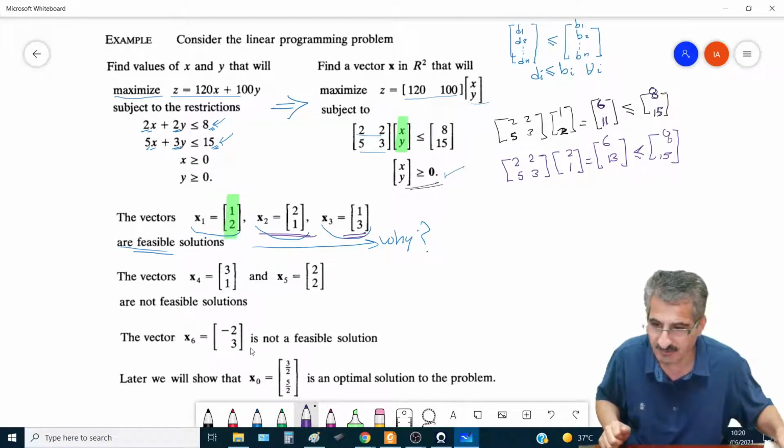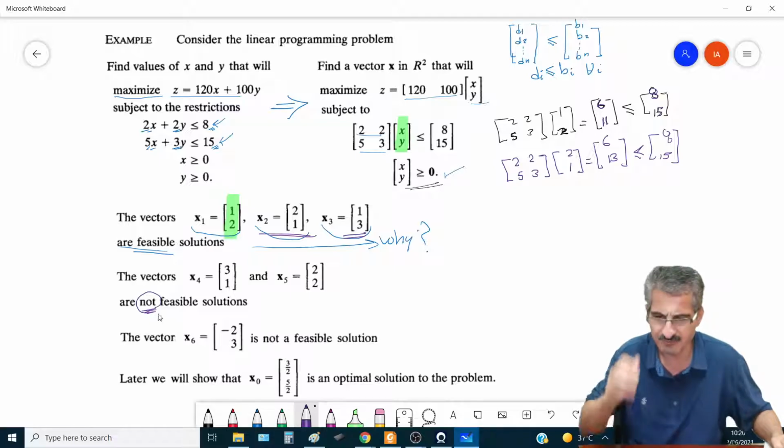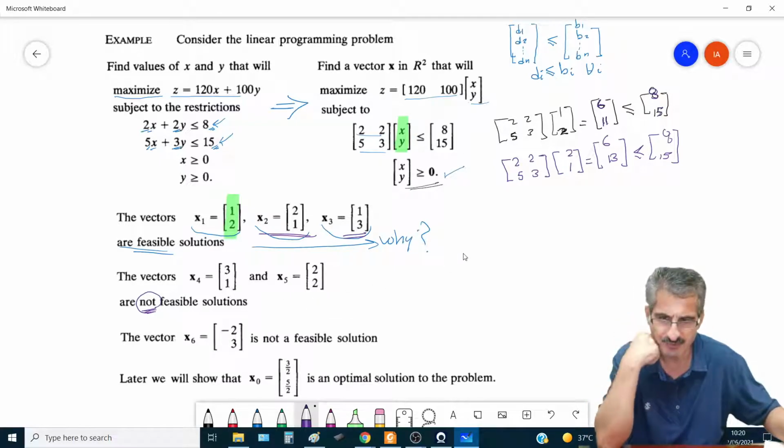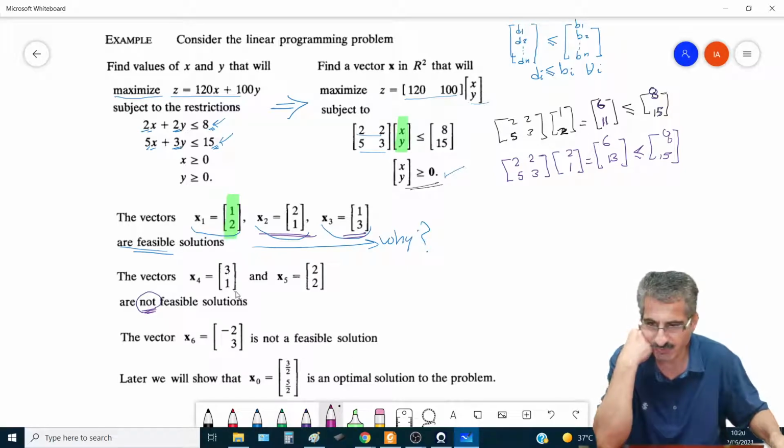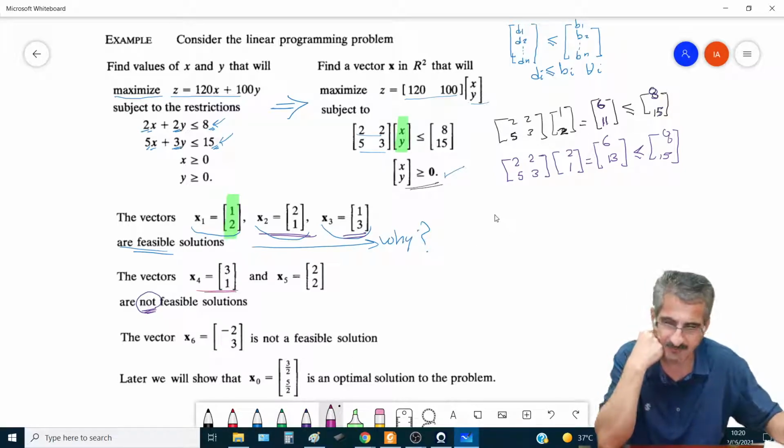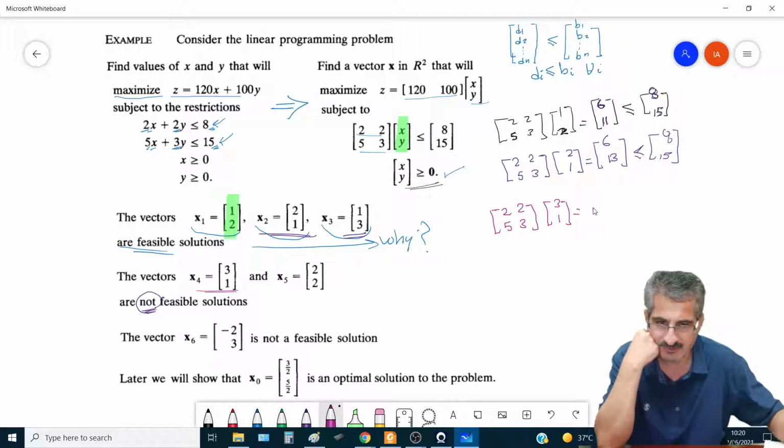Let's go again to vectors x4 and x5. It says they are not feasible solutions. Why are they not feasible? Let us take x4 and multiply it by the matrix and see what we get. 2 2 5 3 times 3 1. Okay, let's do the multiplication. 6 plus 2, this is 8.